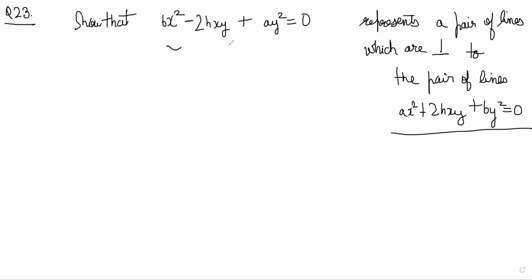So basically there are two different pairs of lines, and you have to show that one pair is at 90 degrees to the other.